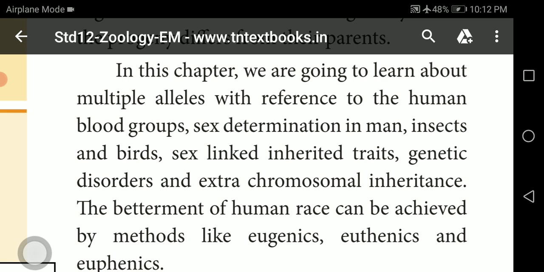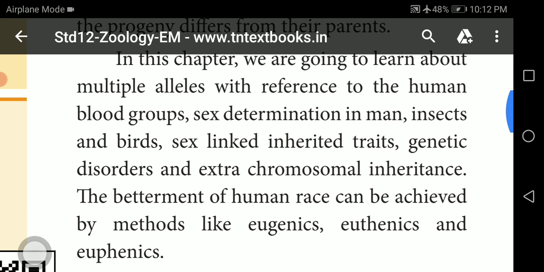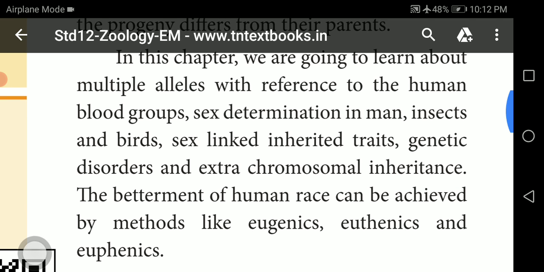These are the topics we are going to discuss in this chapter. The betterment of human race can be achieved by methods like eugenics, euthenics and euphenics.